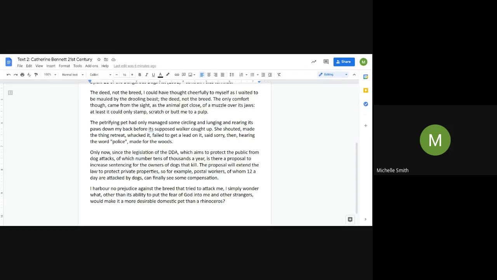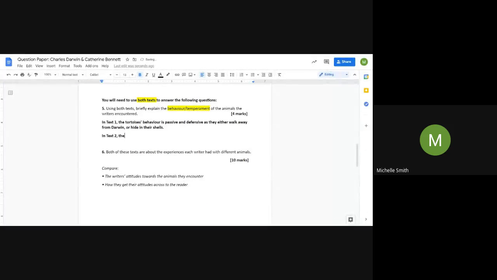So let me go back to the question paper. In text 2, the dog's behavior is aggressive as it attacks. And it's again even shorter, so simple. That would get us a mark.